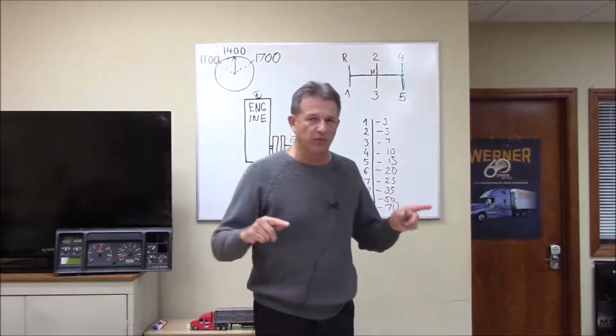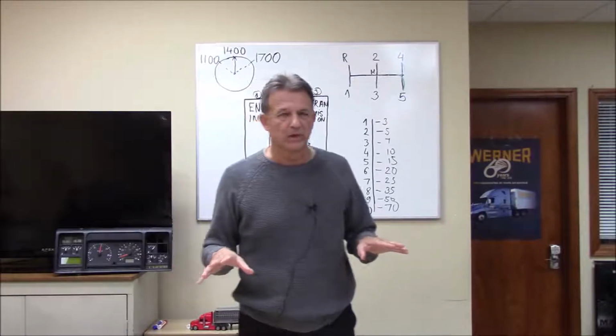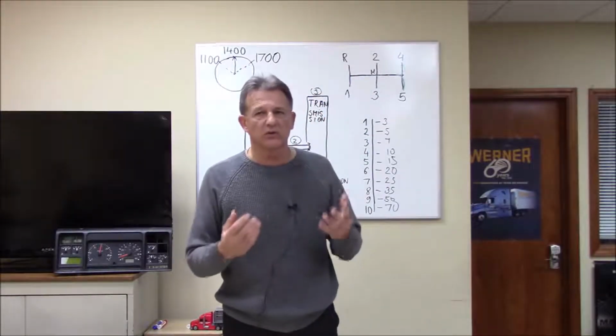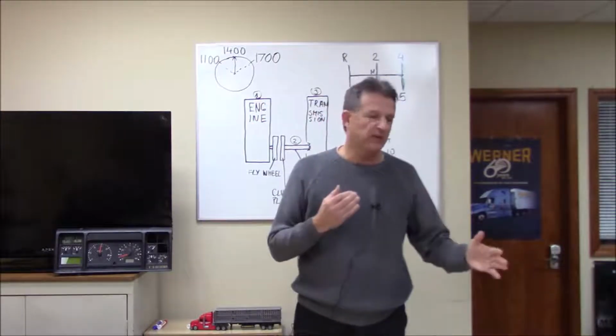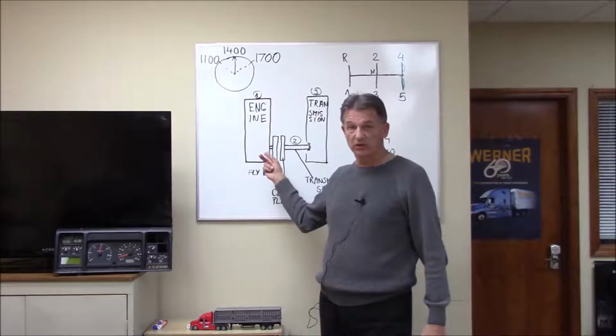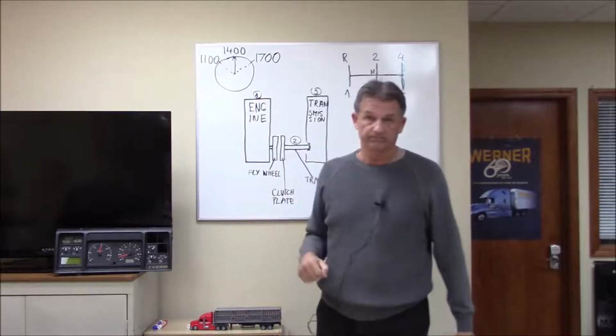The second option, but we don't teach this, is single clutching. Single clutching means that you press the clutch, separating the clutch and flywheel, only when you go to neutral.